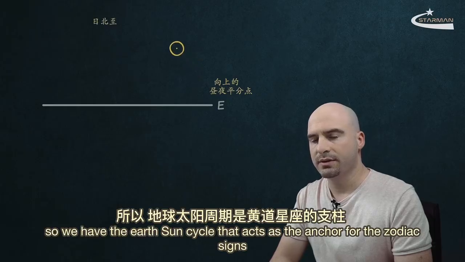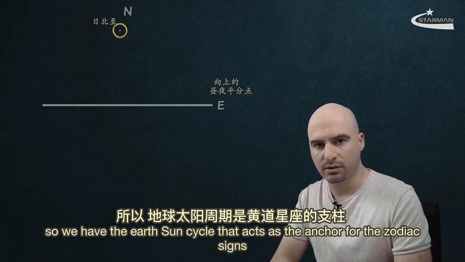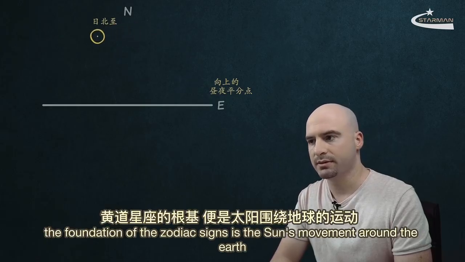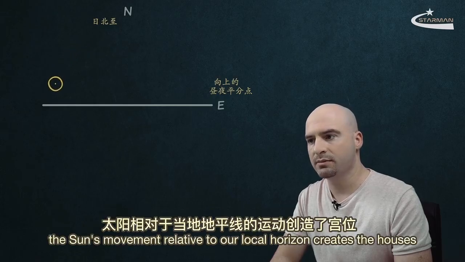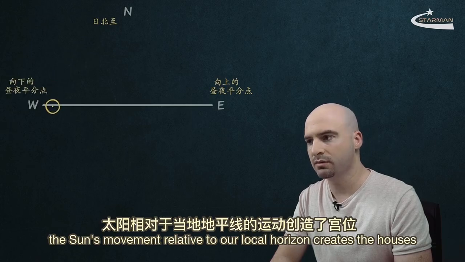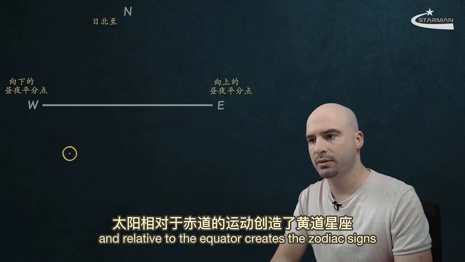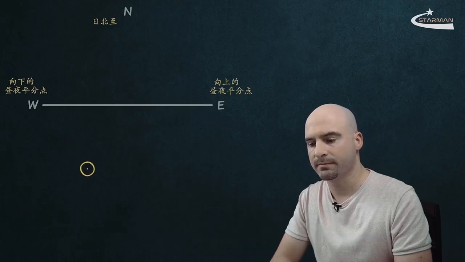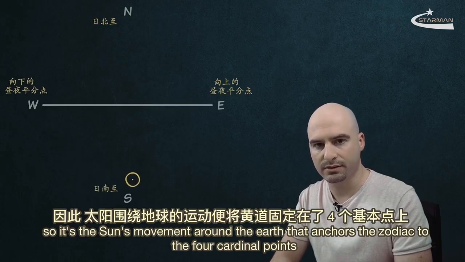So we have the Earth-Sun cycle that acts as the anchor for the zodiac signs. The foundation of the zodiac signs is the sun's movement around the Earth. The sun's movement relative to our local horizon creates the houses, and relative to the equator creates the zodiac signs. So it's the sun's movement around the Earth that anchors the zodiac to the 4 cardinal points.